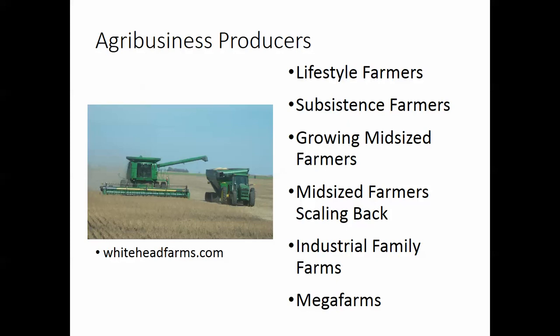The mega farm is one in which, again, everyone has a different definition of what a big farm is, but I think we could all agree a dairy farm with 10,000 cows is a big farm. So a mega farm is one that may have multiple locations, possibly hundreds of employees, producing an enormous amount of product.